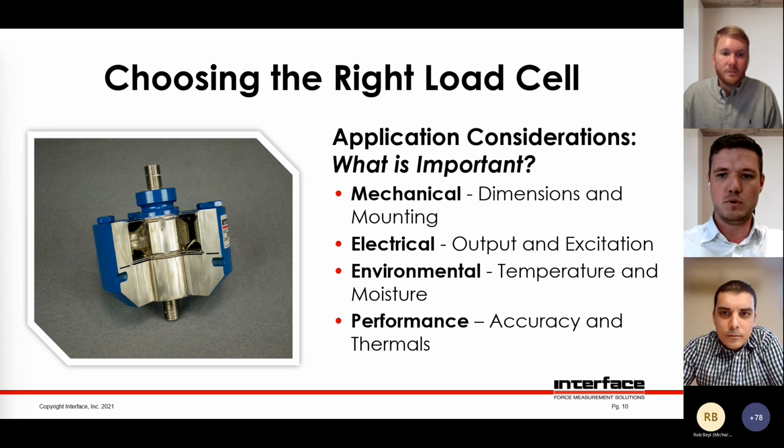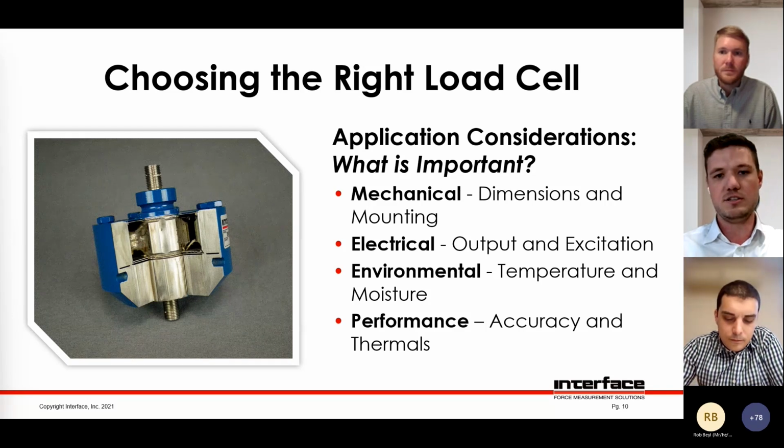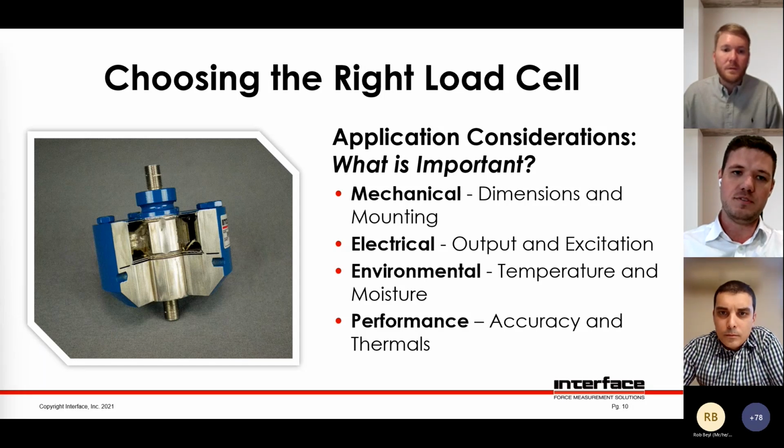The other thing that's very important to consider is temperature and moisture. Moisture inside the load cell can lead to corrosion on the flexure or on the gauges, which is obviously not what we want. So if there's a humid or a wet environment, we would definitely need to seal the load cell.